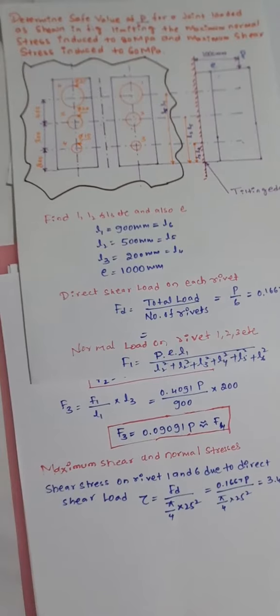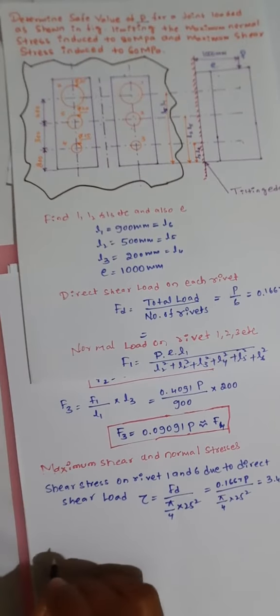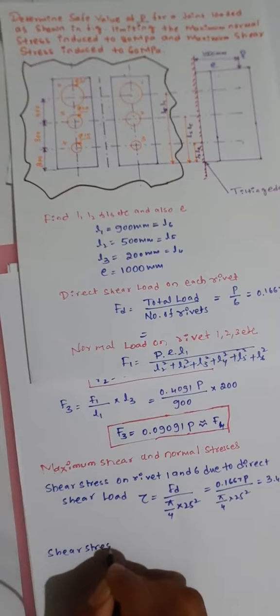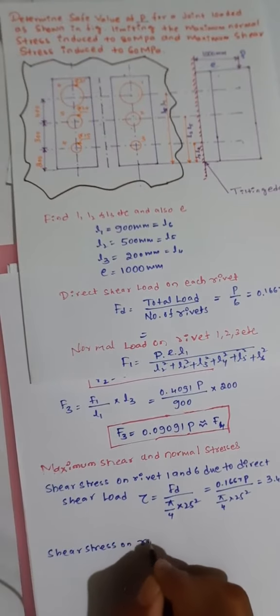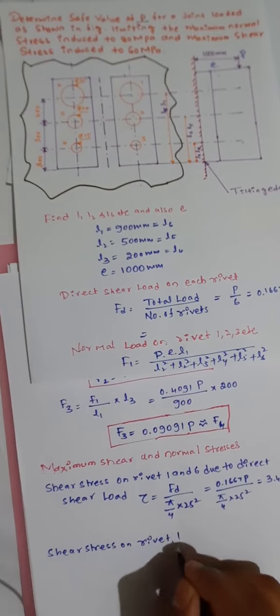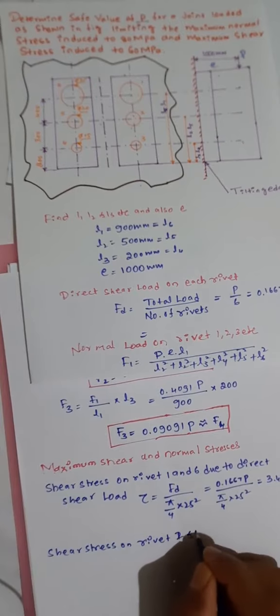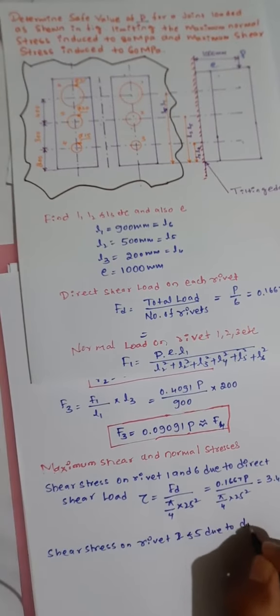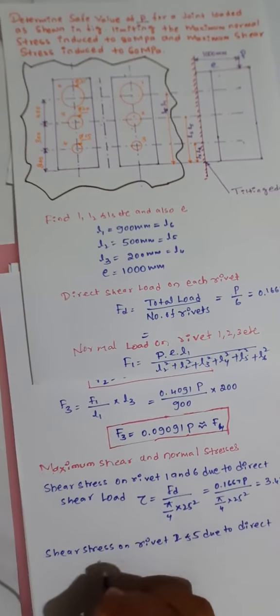In the same way, you need to find the shear stresses on rivet number 2 and 5 due to direct shear load.